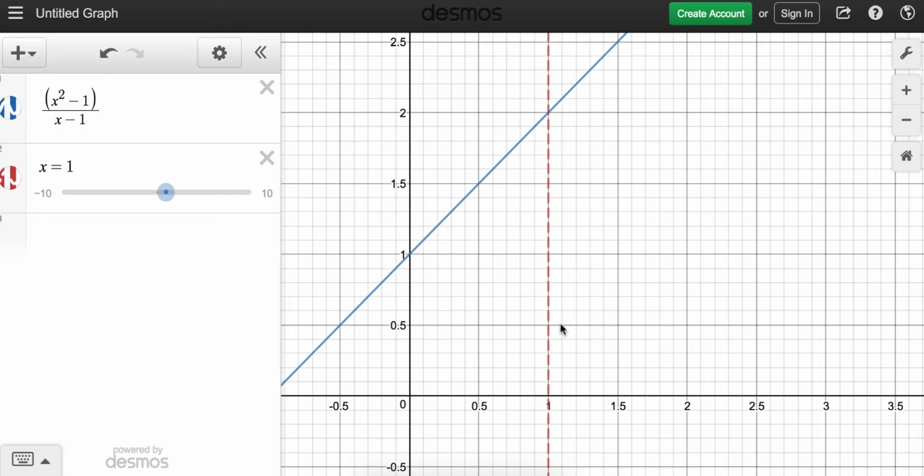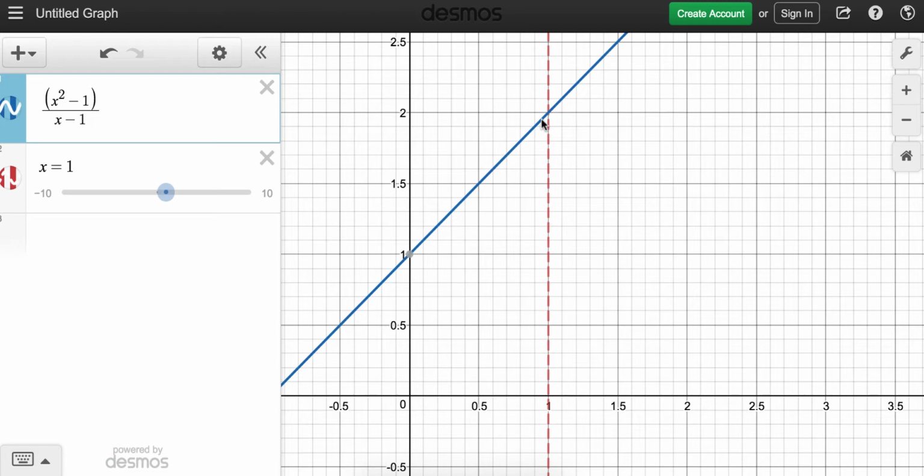However, we know that as we approach x equaling 1 from the right-hand side and from the left-hand side, the function goes toward 2. As I approach x from the right-hand side and from the left-hand side, the y value of this function gets closer and closer to 2. Okay, so this gives us an idea of how the function behaves.